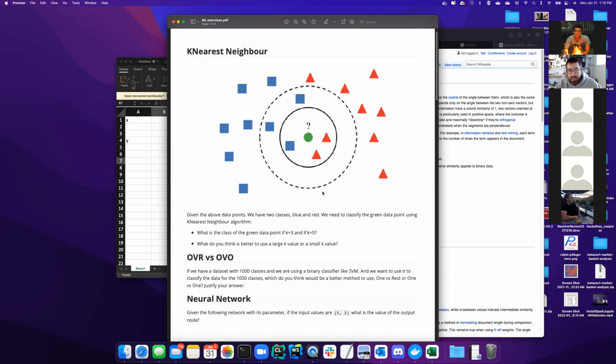If we have, let's say, 1,000 points, our data set consists of 1,000 elements, and k is 1,000. What does that mean for every point that we are trying to predict? It's basically comparing the point against the whole data set.